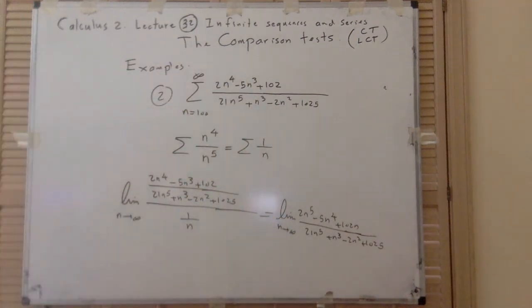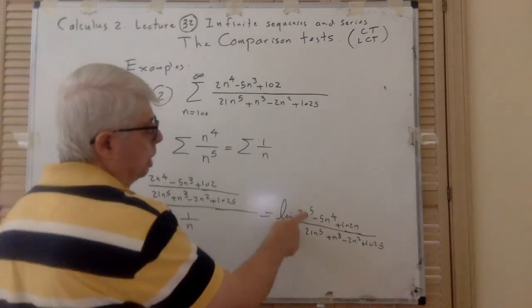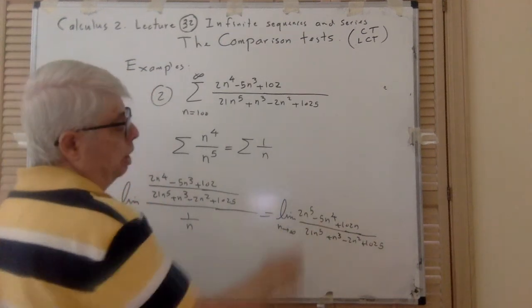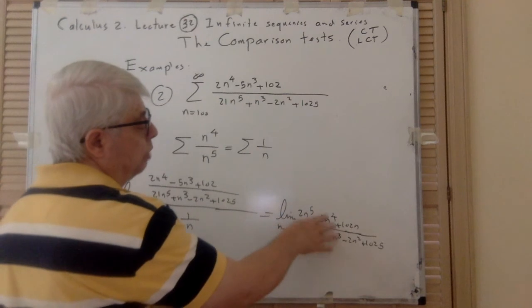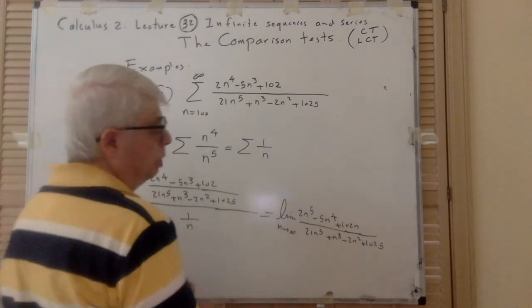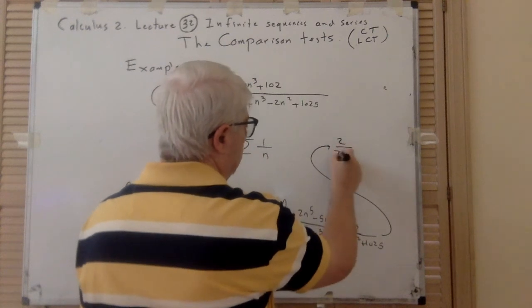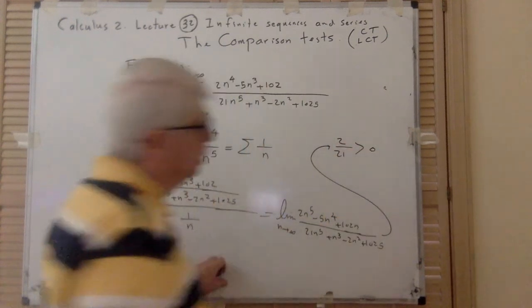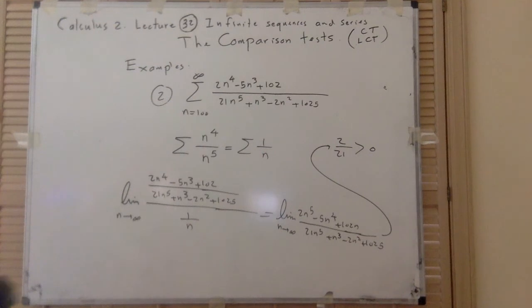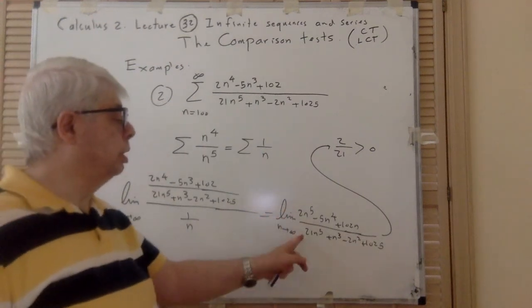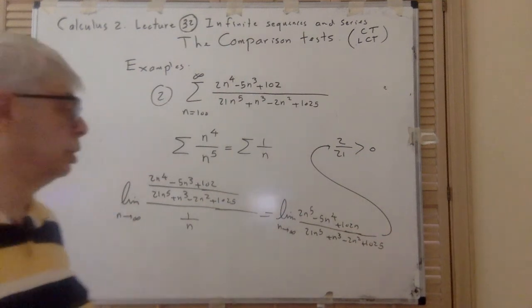So what is this limit? Well, you can say this is x and this is x. Remember, for x, if I have 2x^5 minus 5x^4 blah blah blah, then that limit would be 2/21, which is bigger than 0. So the limit is 2/21, the largest coefficient here divided by the largest coefficient here.